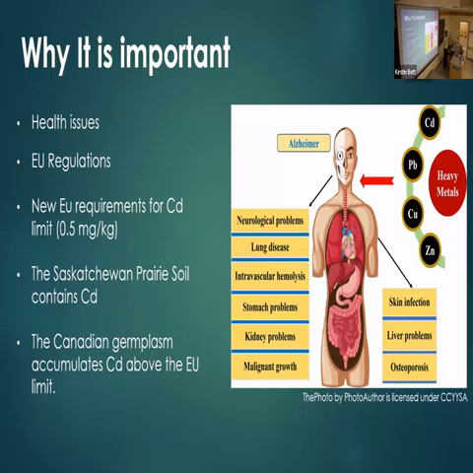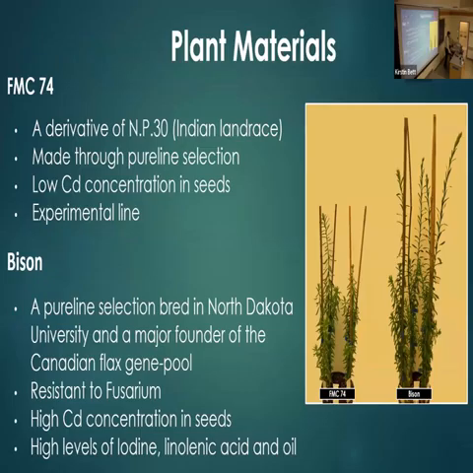As time went on, people just took the wastewater and splashed it into rivers, lakes, and everywhere else. So Saskatchewan prairie soil, and all the prairie soils in general, as well as Quebec, have varying degrees of cadmium. And the existing germplasm accumulates cadmium above the specified EU limit.